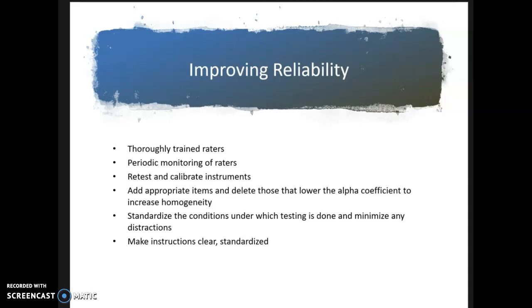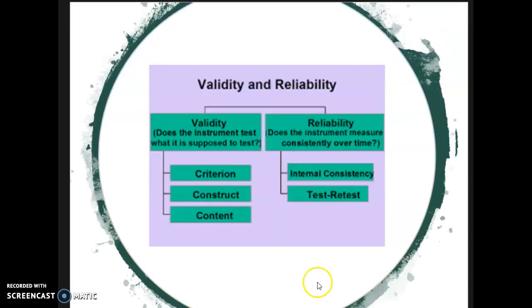So just take a look at all those components that really involve reliability, so you're keyed into those factors when you're doing your critical analysis. So when we're looking at the two together, here we're bringing things together a little bit. We're looking at validity and reliability.